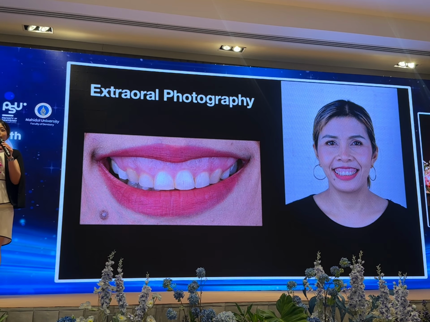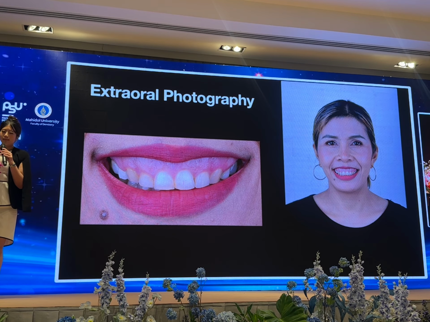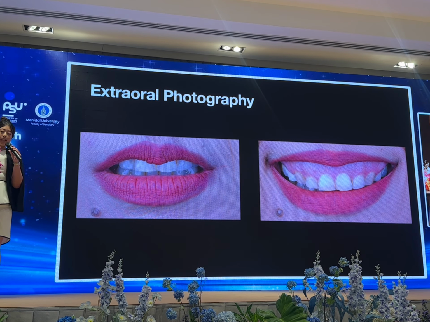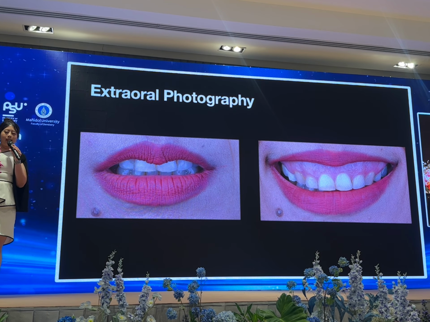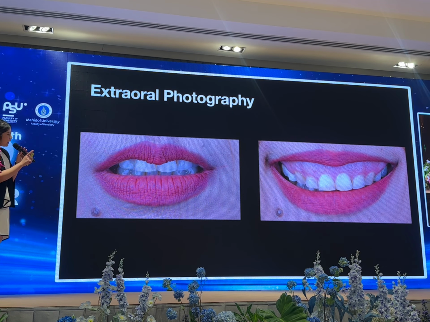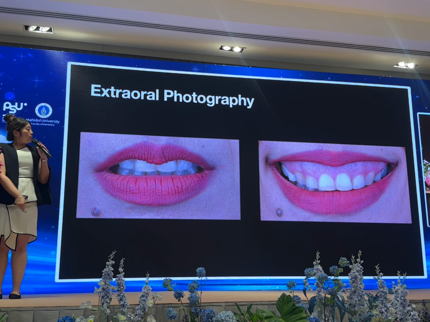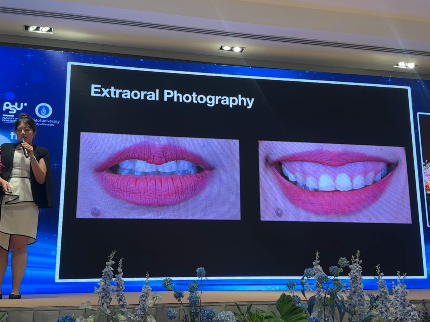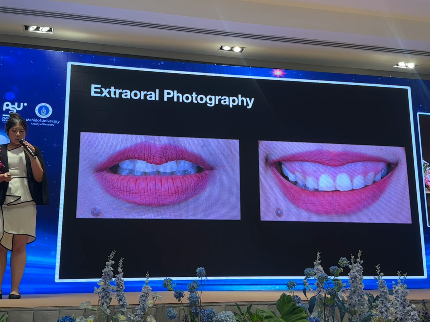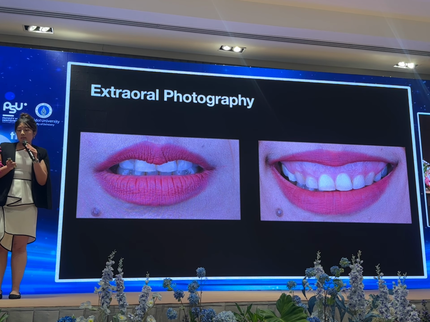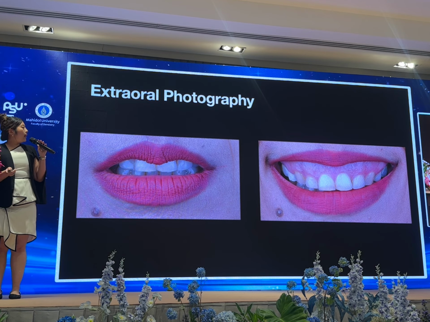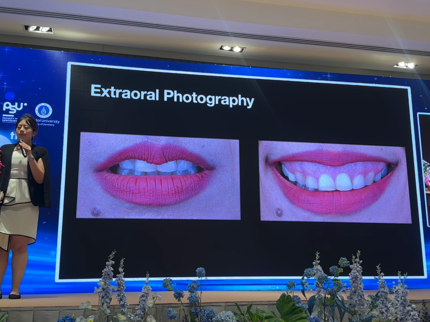Can you get rid of my gummy smile?" As you can see from the picture, the gummy smile in this case is mainly caused by the short clinical crown. And when we compare with her lip position, we can also see that there is some lip hypermobility going on there.